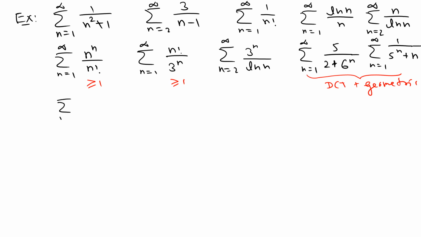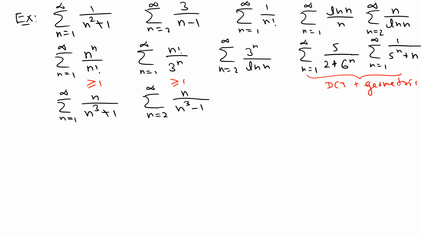So these are very typical examples of a limit comparison test, n over n cubed plus 1. And this one you can also do from the direct comparison. But if you have n over n cubed minus 1, now you can't have n equal 1 because it makes the denominator 0, so I'm going to say n equal 2.